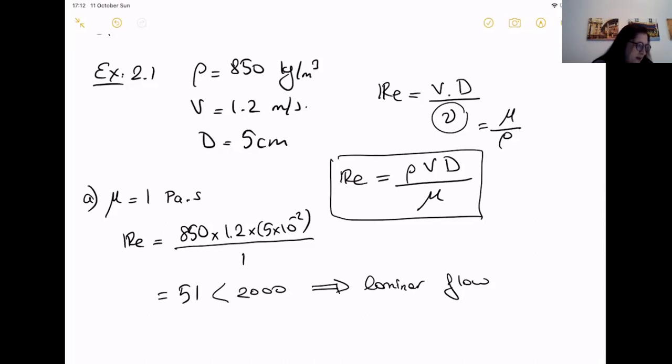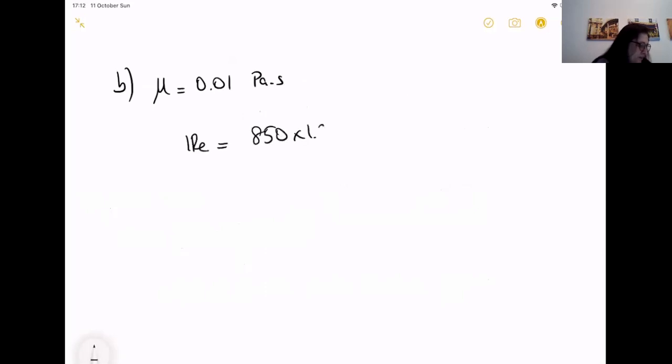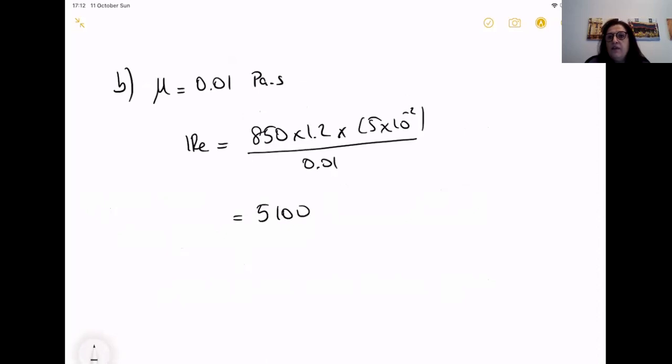Now, what happens for part B, where you have your dynamic viscosity 0.01 Pascal second? In this situation, I will calculate the Reynolds number again: 850 times 1.2 times 5 times 10 to the minus 2 meters, divided by 0.01, and the Reynolds number becomes 5,151.